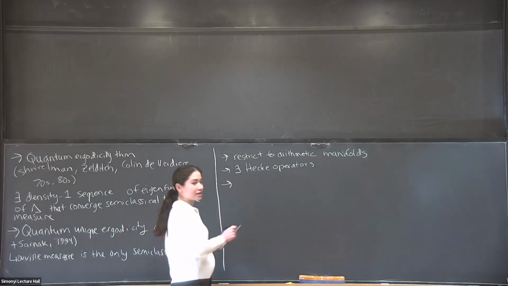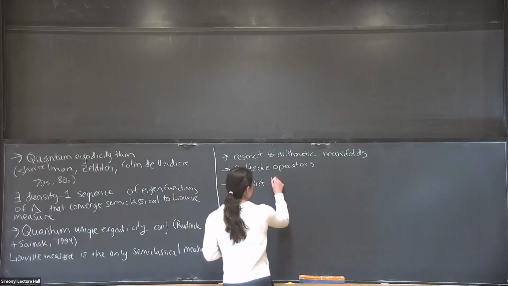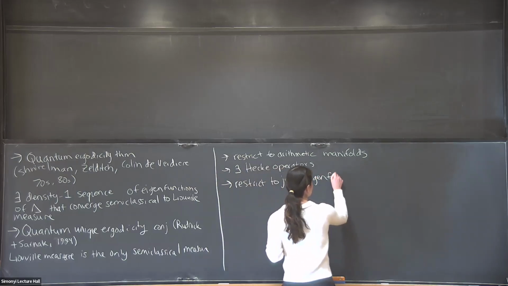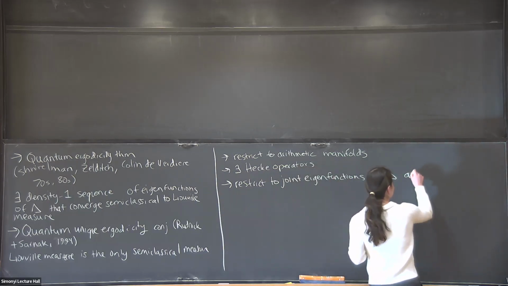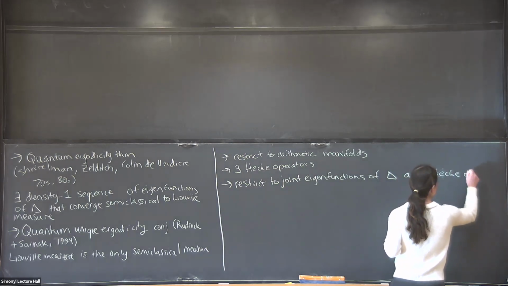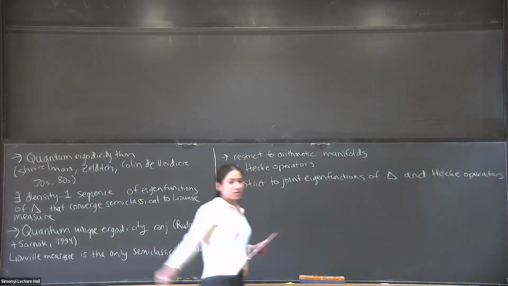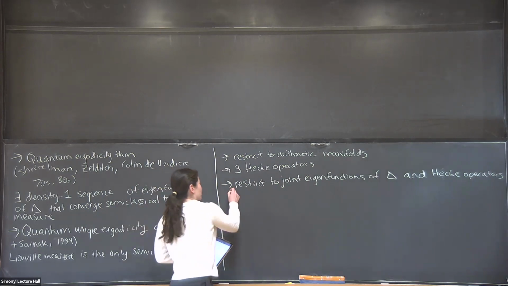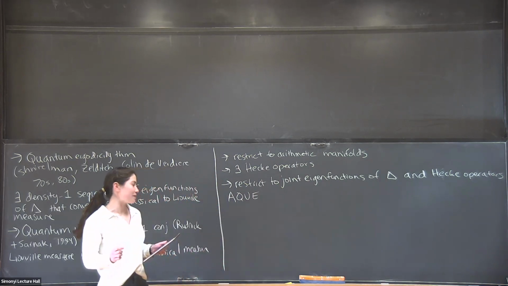And then to look at the arithmetic case, we want to restrict to joint eigenfunctions of the Laplacian and Hecke operators. So under these restrictions, quantum unique ergodicity is known as arithmetic quantum unique ergodicity, which I'll abbreviate by AQUE.